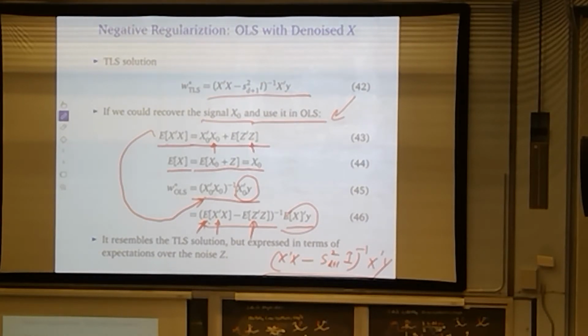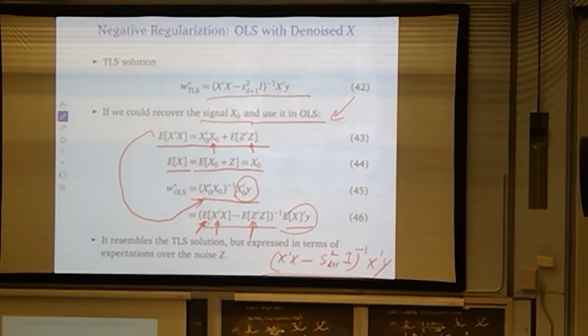But that gives us a very interesting perspective. If the data is noisy, we can remove some noise from it. If we're able to do that, OLS is good enough.